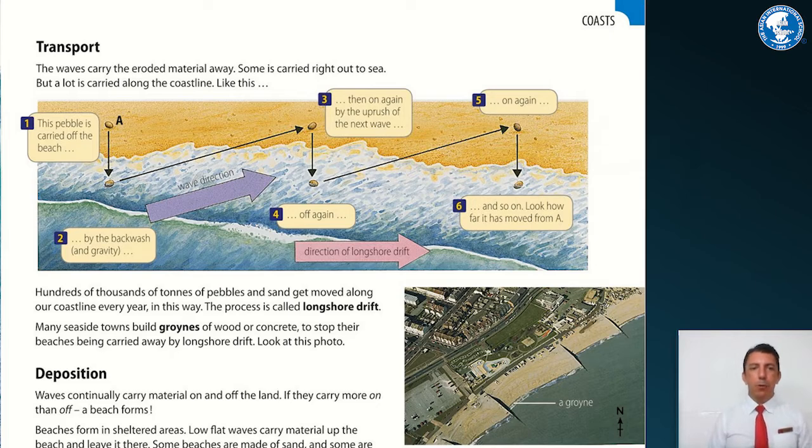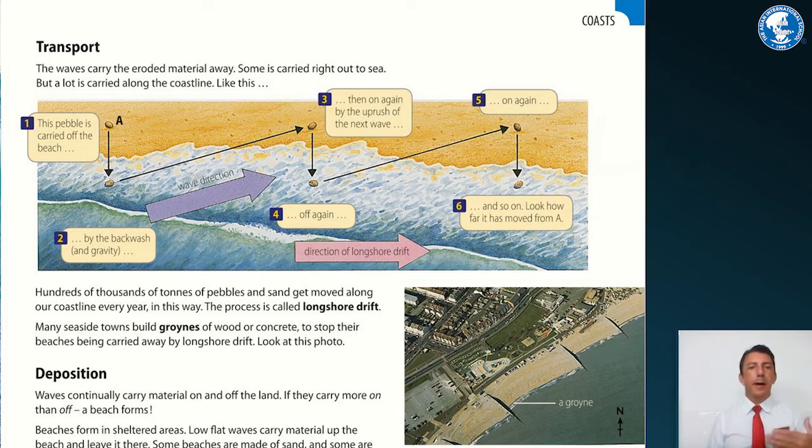Now we see the purple arrow showing the direction of the waves. The waves are moving slightly east, so that carries the pebble along the coast to number 3, then onto the beach again by the uprush of the next wave.